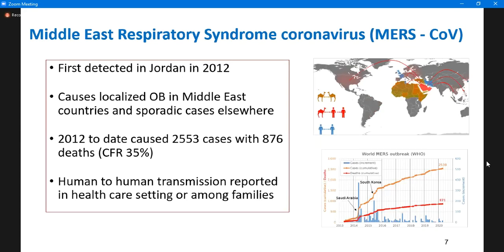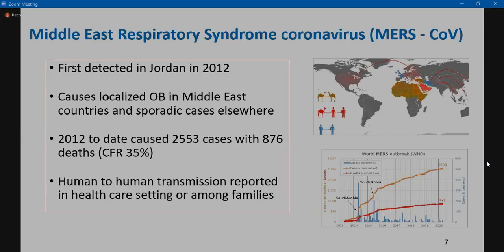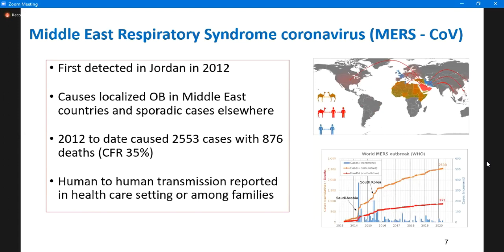Now let us look at the MERS coronavirus. It was first detected in Jordan in 2012, and it causes outbreaks in Middle Eastern countries. These are localized outbreaks. In addition to the outbreaks, there are sporadic cases reported from elsewhere.